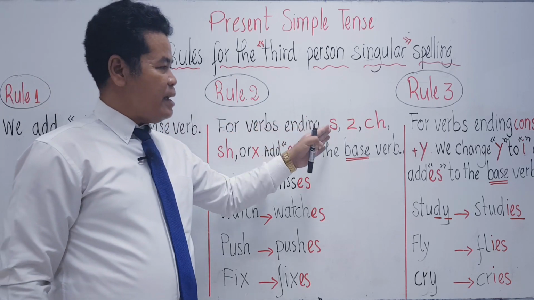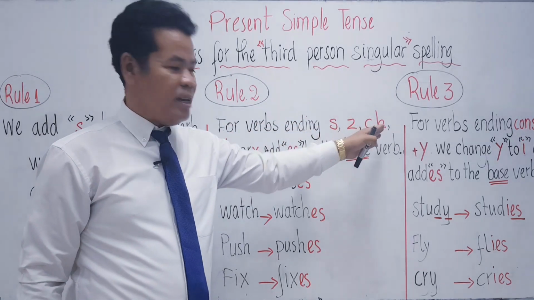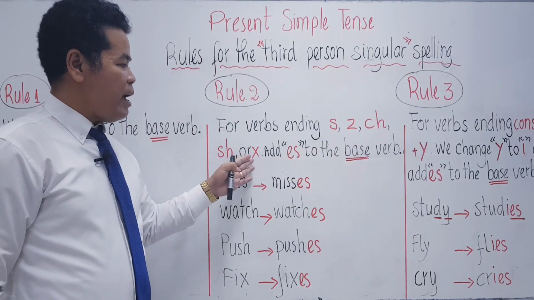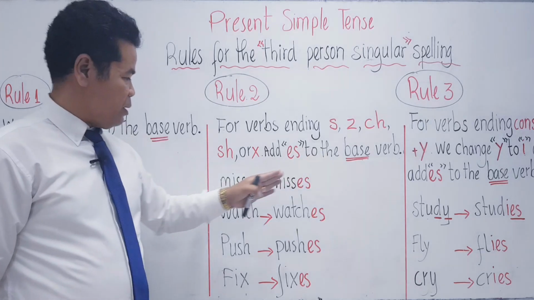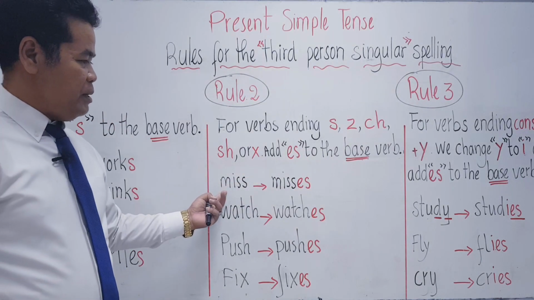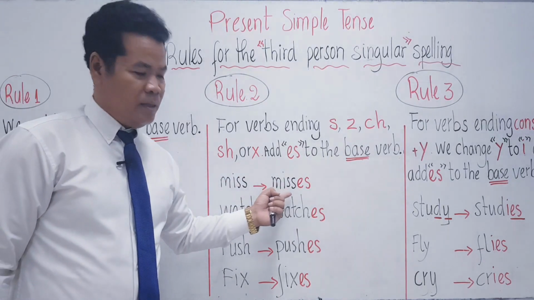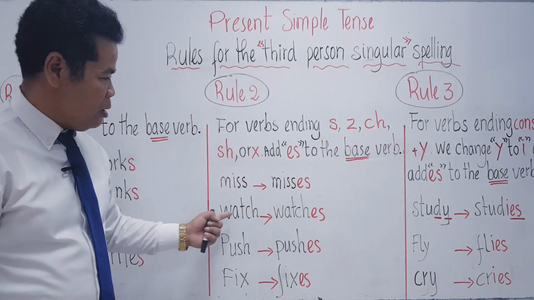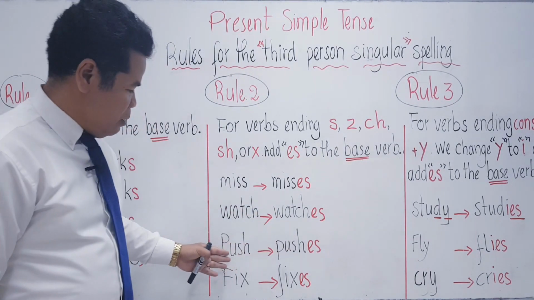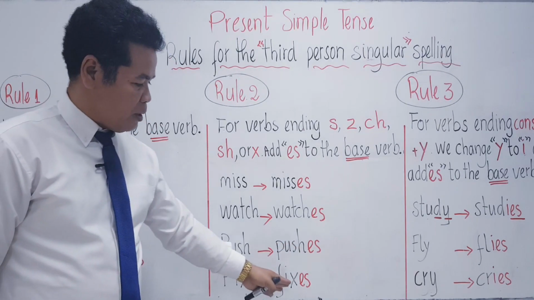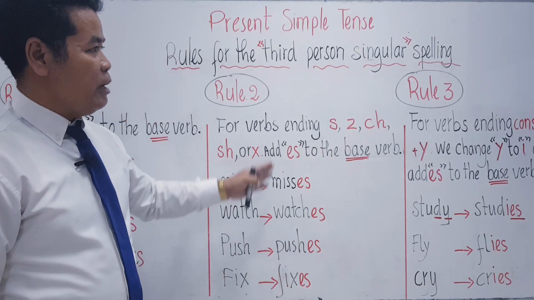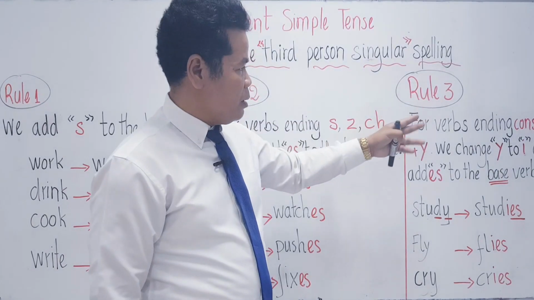For words ending in S, Z, CH, SH or X, just add ES to the base verb. For example, miss, misses. Watch, watches. Push, pushes. Fix, fixes. And rule number 3.